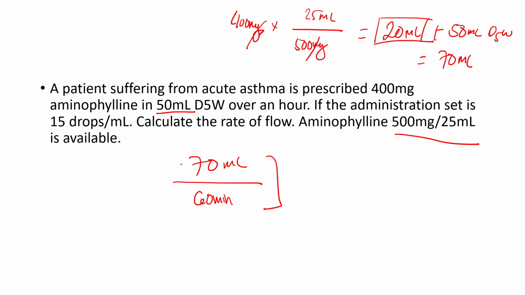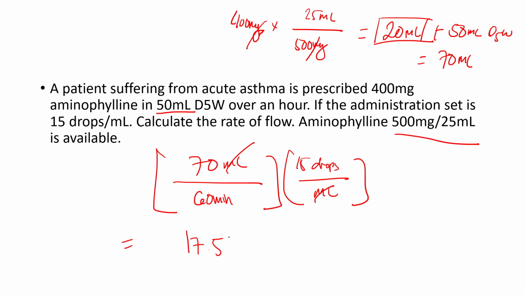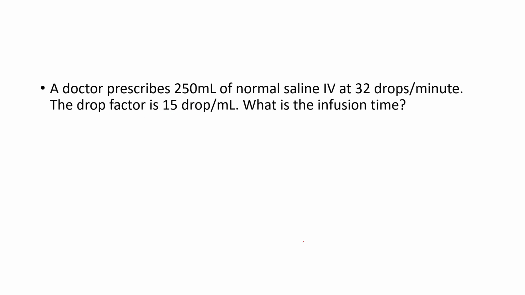The administration set is 15 drops per ml. The final unit would be drops per minute: 70 divided by 60 times 15. So you have a drip rate of 17.5 drops per minute.